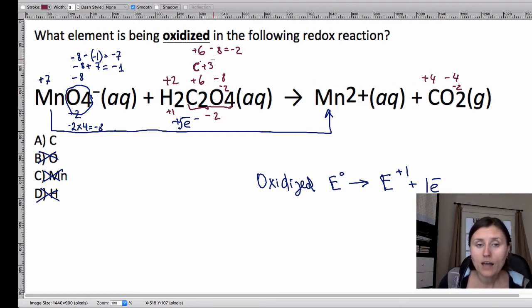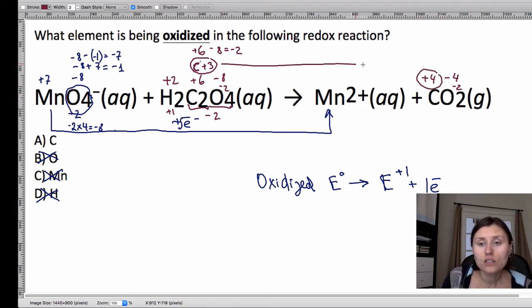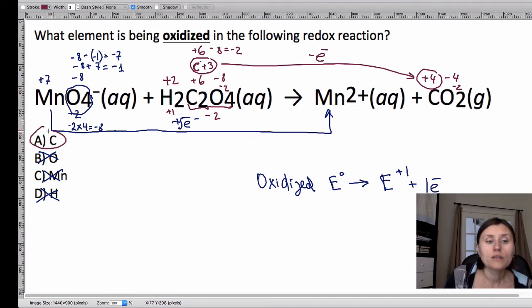It went from +3 charge to +4 charge. So it actually lost one electron. Therefore, carbon is the one that is being oxidized, or choice A.